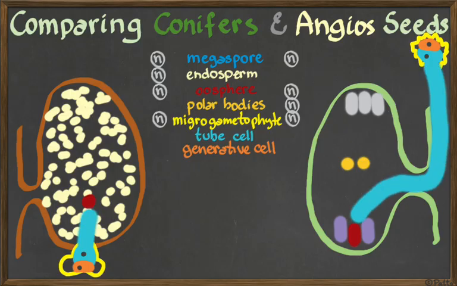The tube cell grows. In the conifers, it grows straight to the oosphere, and in the angiosperms, it's going to be growing through the stigma, through the style, getting into the ovary, and inside of them we are going to have sperm cells.